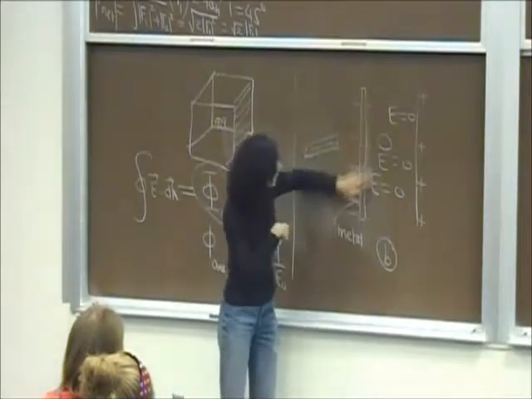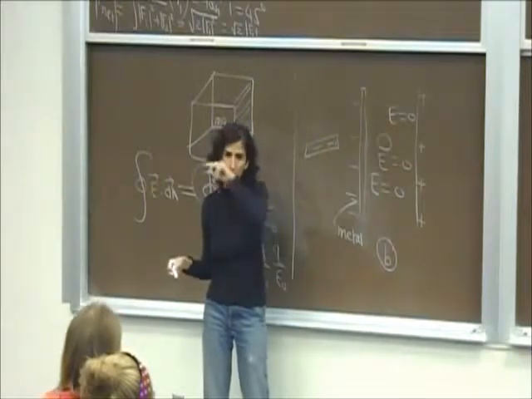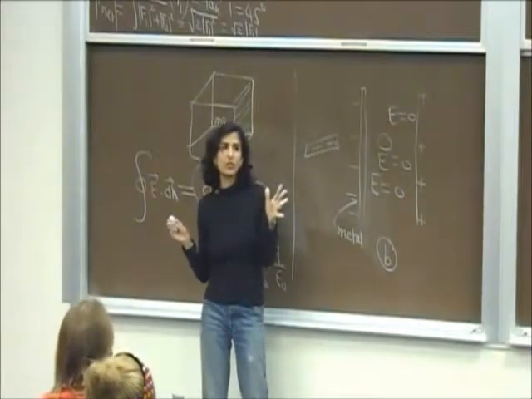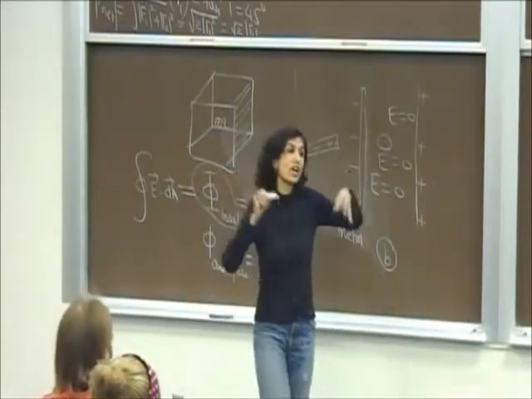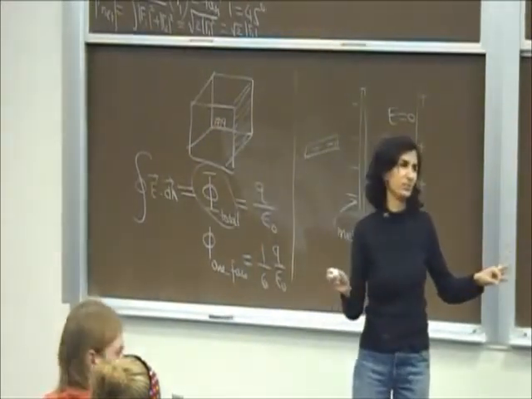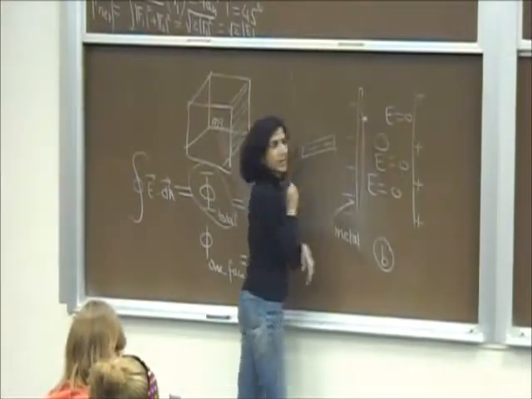No, actually, that's what I was trying to tell you for a long time, that the inner surface will never have any charge on a conductor unless you have some charge in the cavity itself. Otherwise there will not be. So suppose you're thinking about the electric field here.